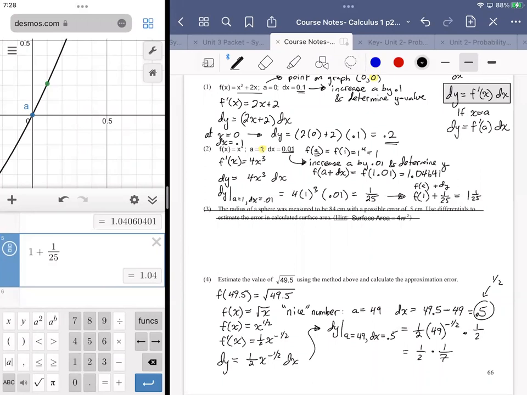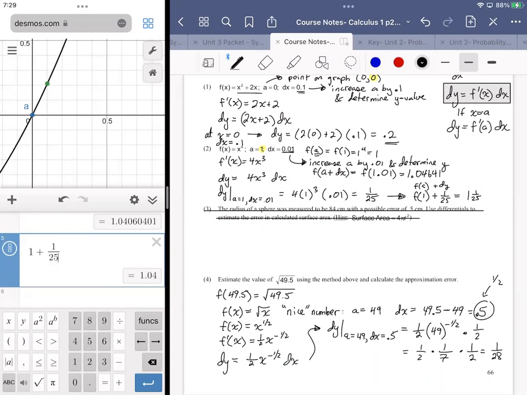That's one of the reasons why we selected 49 as the nice number. Times 1/2, and we get 1/28. Now 1/28 is not the square root of 49.5. What that is, is the deviation in y corresponding with the deviation in x.